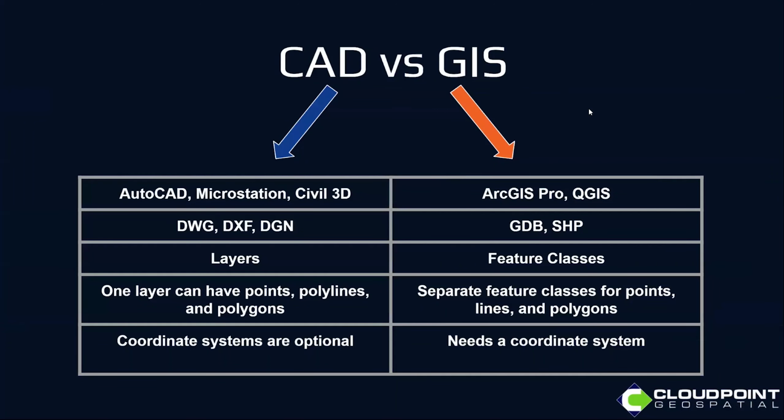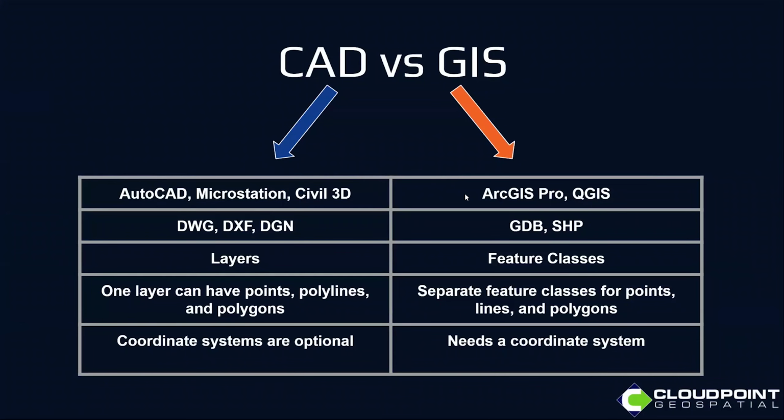Right off the bat, there are some key differences between CAD and GIS that I want to discuss, which will help us think about what we're doing as we convert from CAD to GIS. CAD stands for Computer Aided Design, and there are many different CAD software packages, the most common being AutoCAD, MicroStation, and Civil 3D.